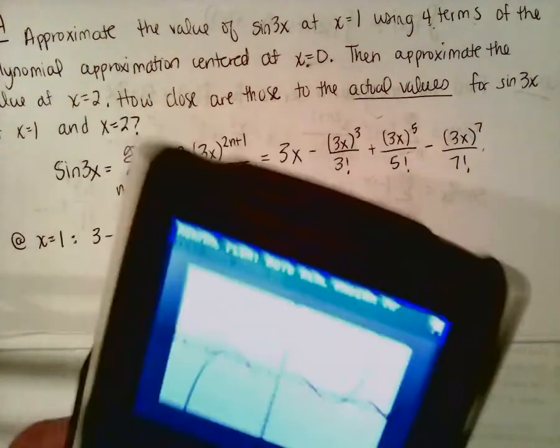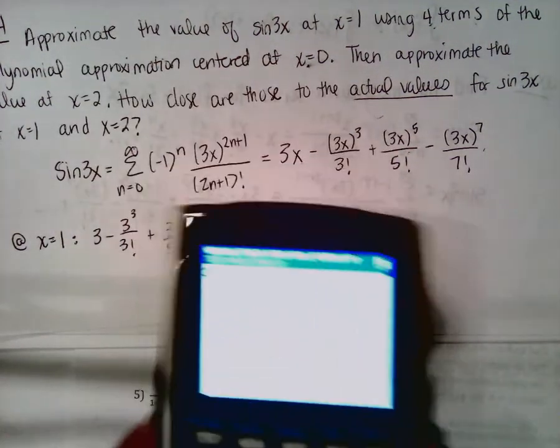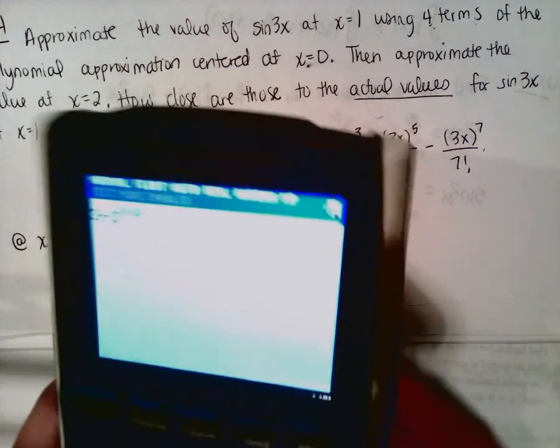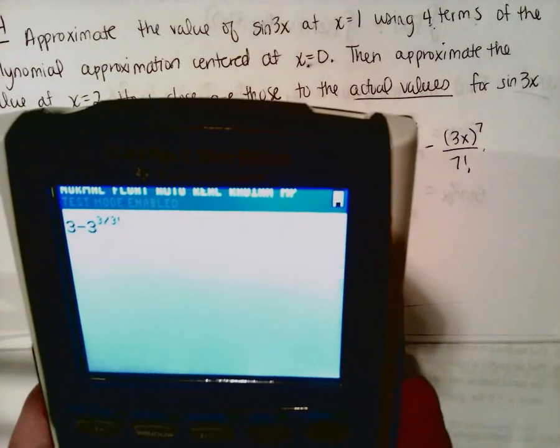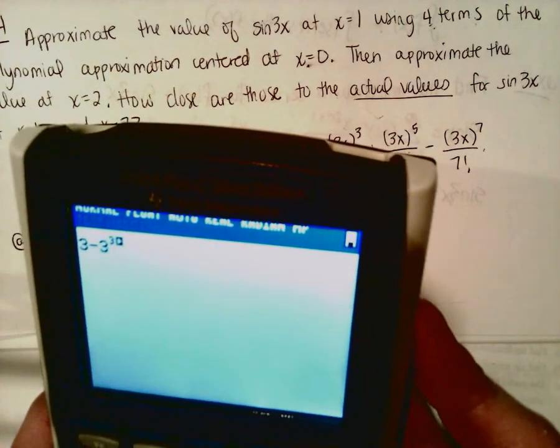So I have 3 minus 3 to the 3rd over 3 factorial. I know you can't see this very well. I hate when I forget to go out of the exponent.